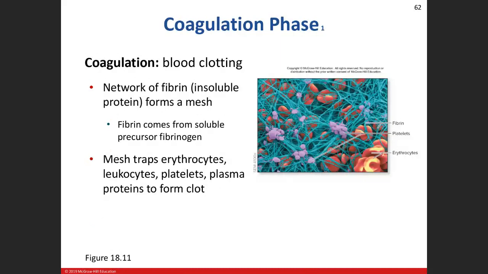So here's a picture. I love this picture. You can see here in our electron microscope, this is what it looks like. I compare it to throwing a net down and catching fish or catching whatever. And so you can see all these platelets here are sticking into this net. But what makes up this net is one of our famous proteins that the liver makes, fibrin.